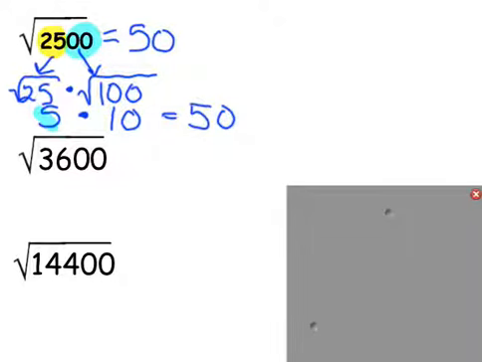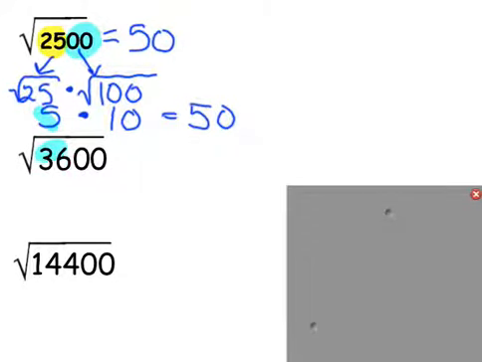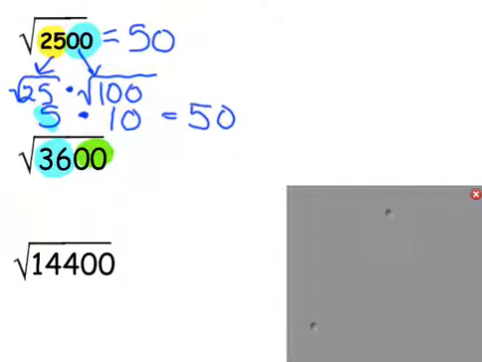Let's try that same strategy with the next question. 36 is in our chart. And I'm going to highlight the 2 zeros. I'm going to break this into two parts. We're going to break this into the square root of 36 times the square root of 100.